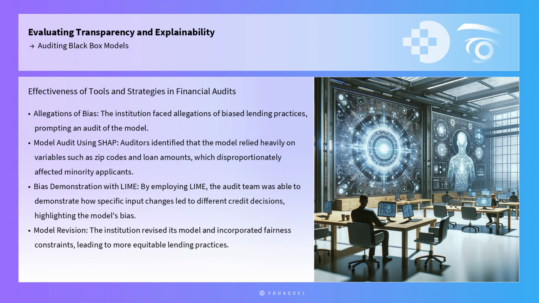By employing LIME, the audit team was able to demonstrate how specific input changes led to different credit decisions, highlighting the model's bias. As a result, the institution revised its model and incorporated fairness constraints, leading to more equitable lending practices.